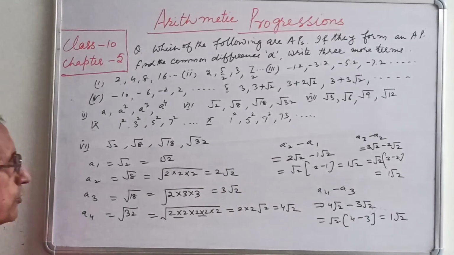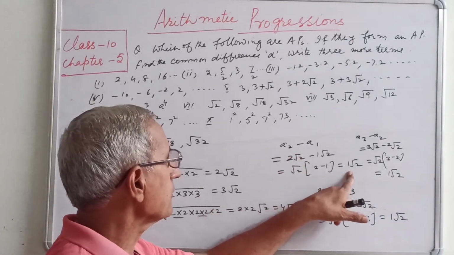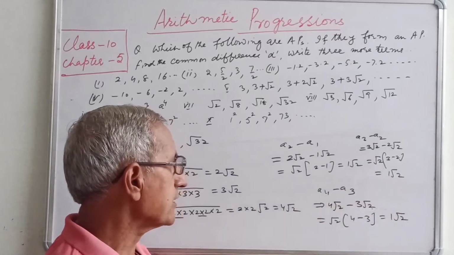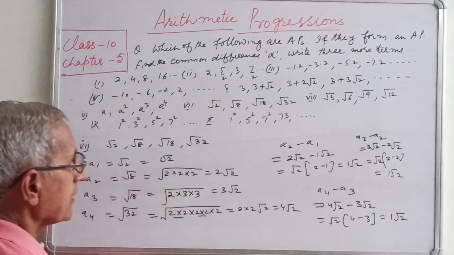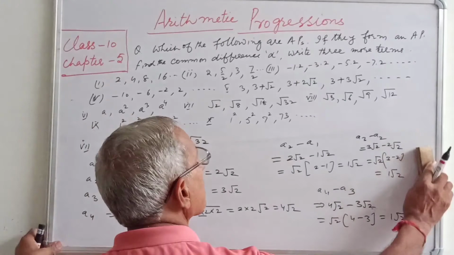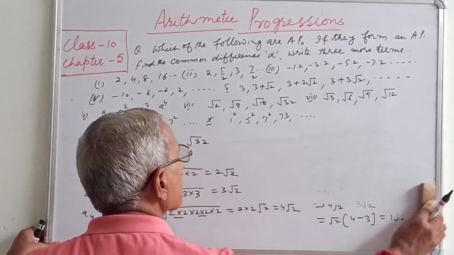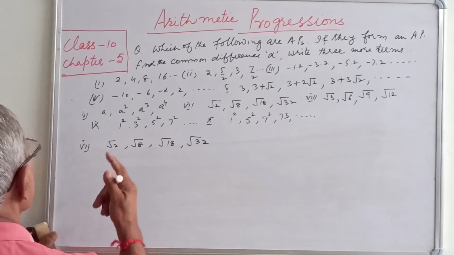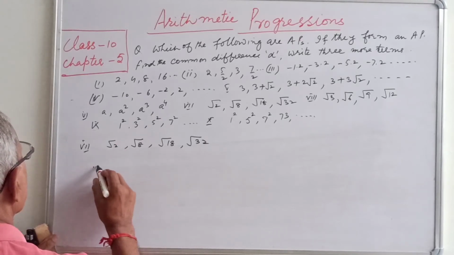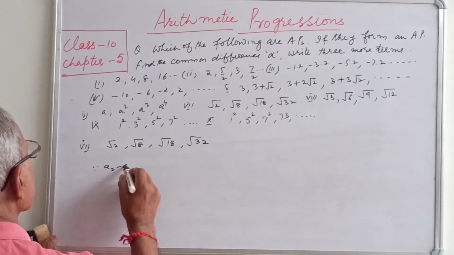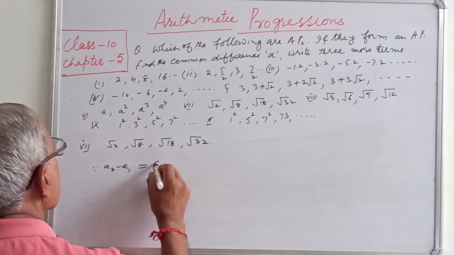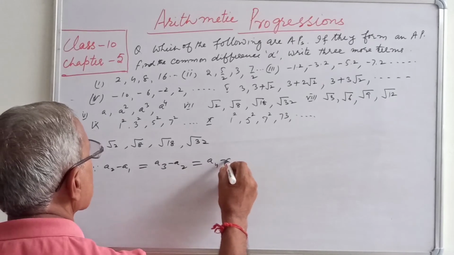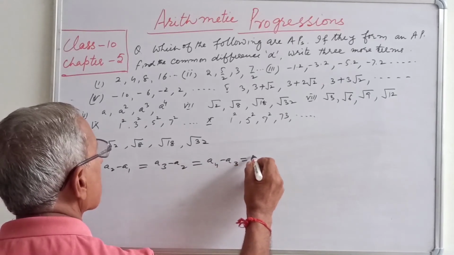Now see, A2 minus A1 is 1 under root 2, A3 minus A2 is 1 under root 2 and A4 minus A3 is 1 under root 2. Since the difference here is the same, A2 minus A1 equals A3 minus A2 equals A4 minus A3, which is 1 under root 2.